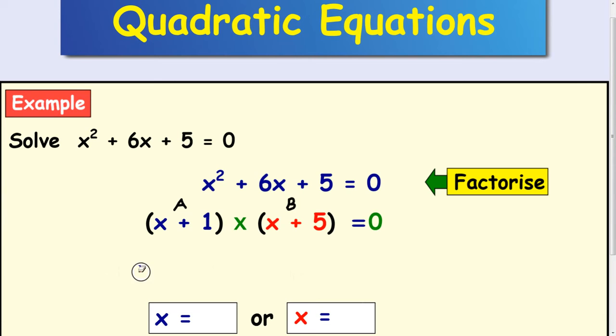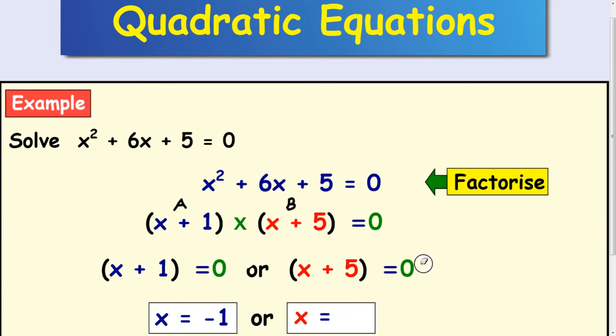So in this case, to make x plus 1 equal to 0, you can take away the 1 and say, well, x is negative 1. But you could also go for the B side of things. So you could make that bracket equal to 0. And how would you do that? Well, if you take the 5 over to our side, it would become negative. x could be negative 5.